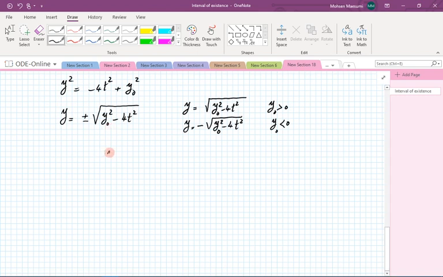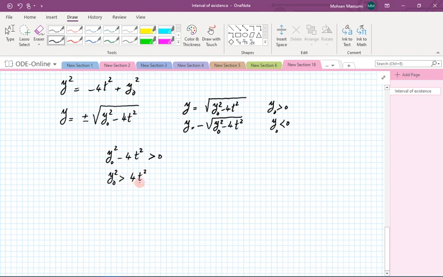So here I say, well, if I have a square root, what do I expect from my radicand? The stuff in the radical has to be, of course, larger than 0, or maybe just equal to 0. Well, this tells you that y0 squared has to be larger than 4t squared.